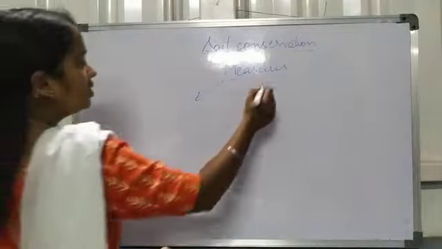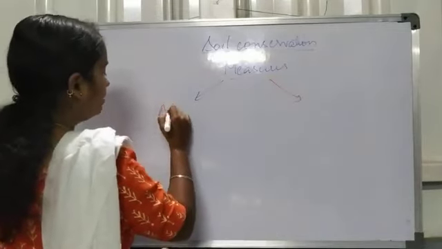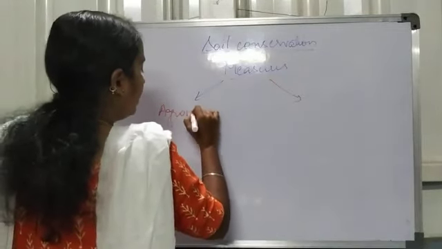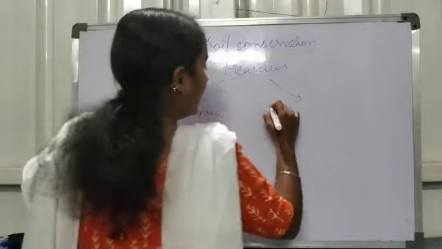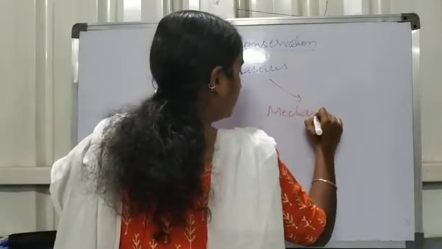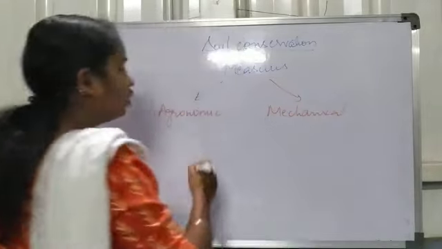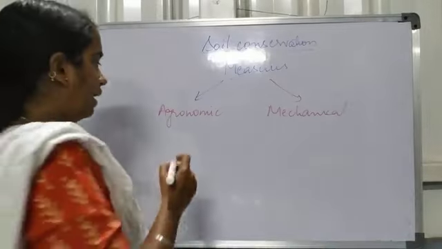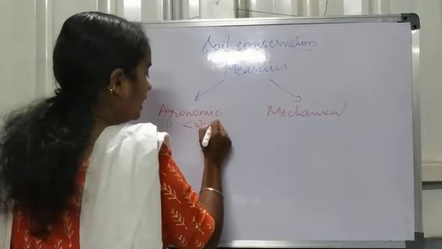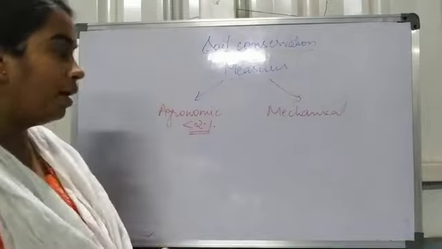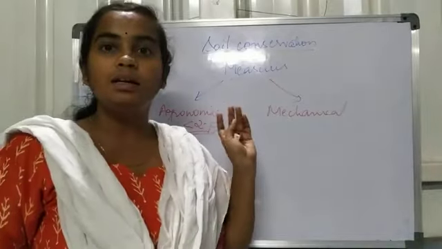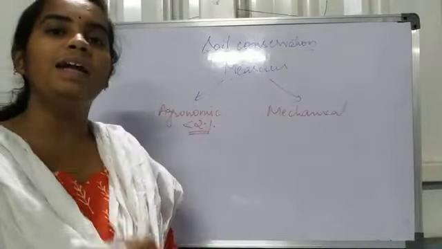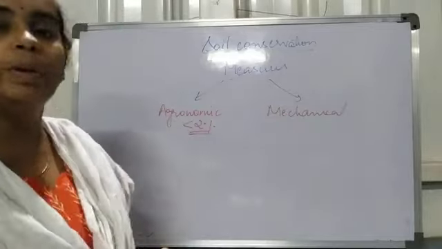Majorly we talk about two types, agronomic measures and mechanical measures. Agronomic measures are suitable for land with less than 2% slope, whereas mechanical measures are considered where the slope of the land is much higher.